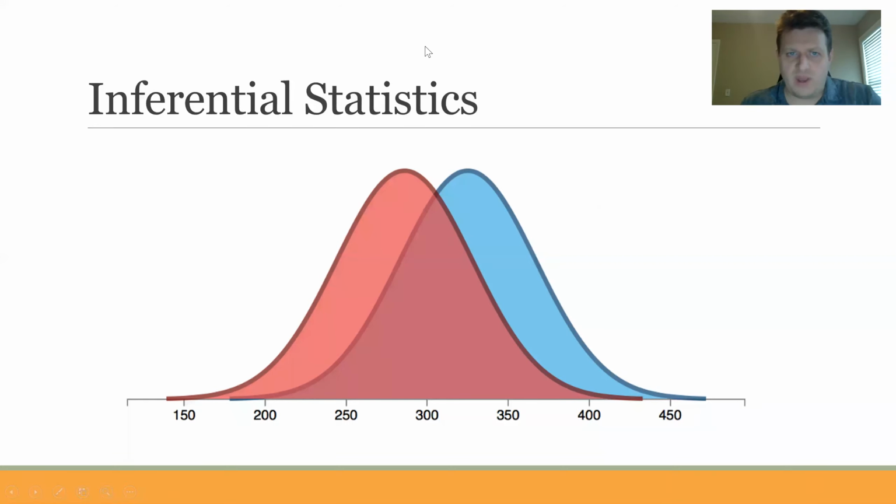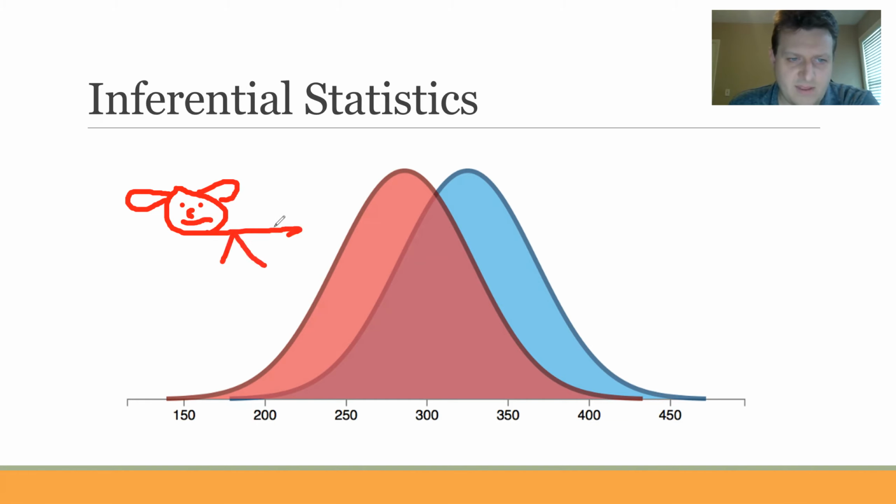Now, when I do this not via Zoom, I have lovely drawings that I do for my students. So I'm not going to neglect you. So let me show you what's going on here. For the red, we've got UGA. And so we're going to draw UGA. There we go. Does that look like a dog? Yeah. All right. So that's UGA.